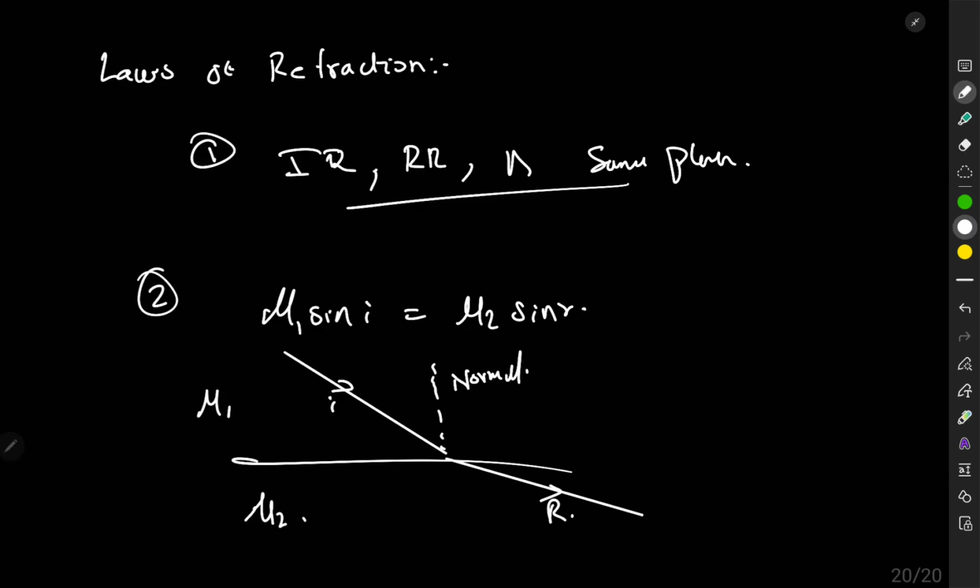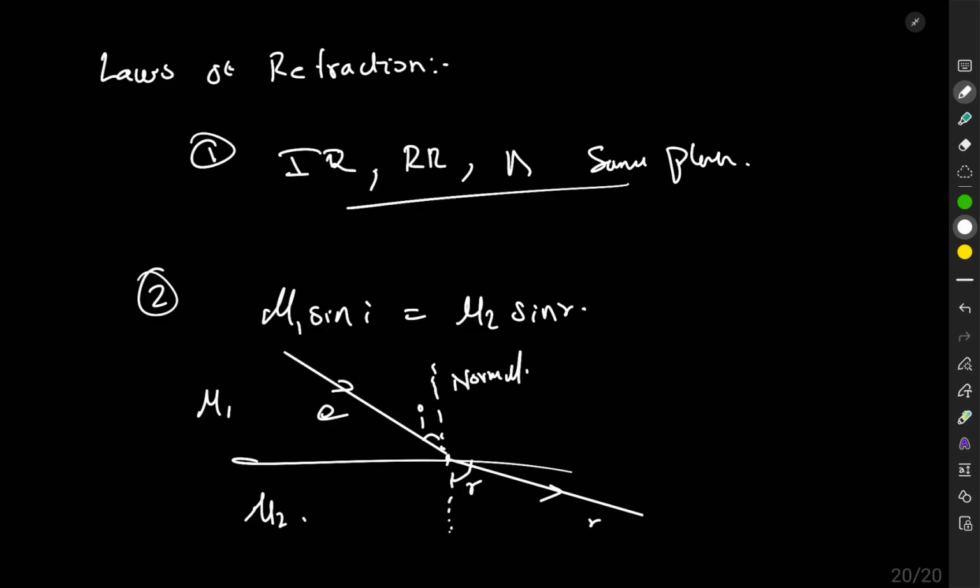We don't say this is refracted and incident, we tell this is emergence and this is refracted. Fine. And this is I and this is R. If you said this is R, it's absolutely wrong statement, because we have studied before, every angle is measured from the normal, so this will be R. Fine. Good.